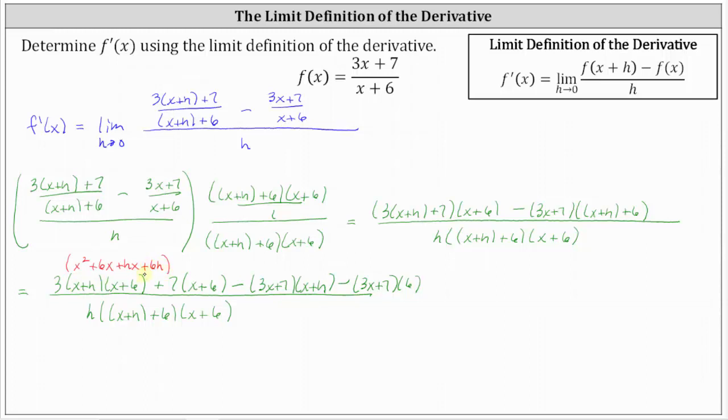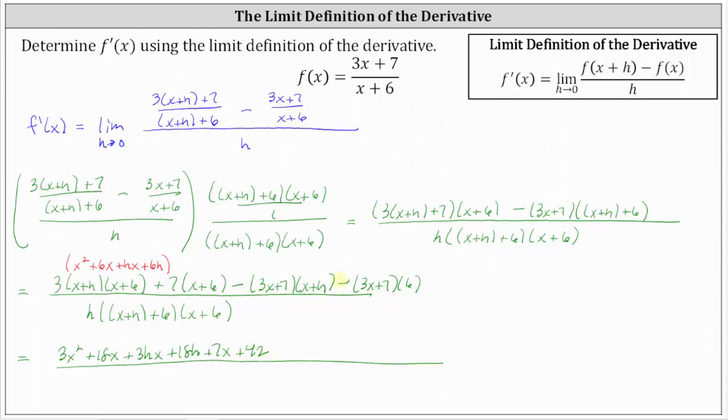And now we will distribute 3, which gives us 3x squared plus 18x plus 3hx plus 18h. Distributing 7, we have plus 7x plus 42.